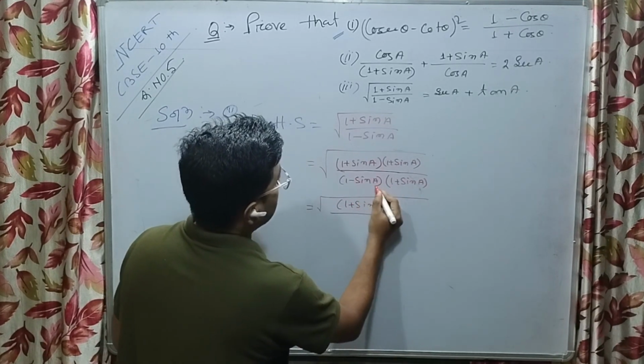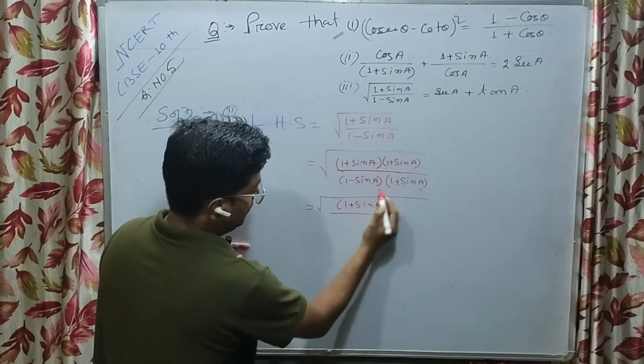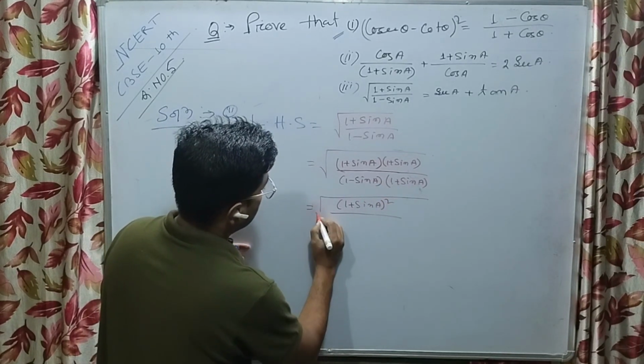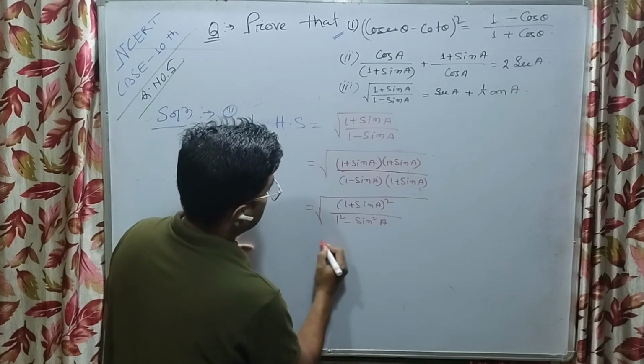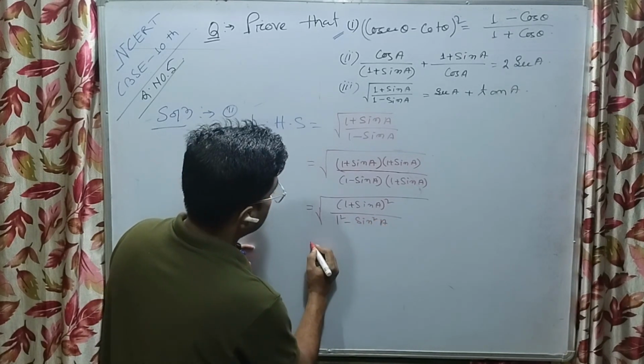Now A plus B into A minus B is A square minus B square, that means 1 square minus sin square A.